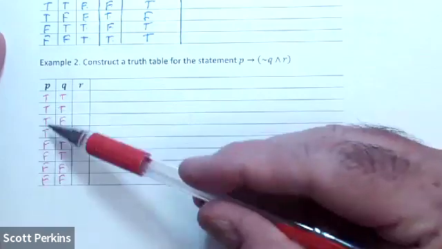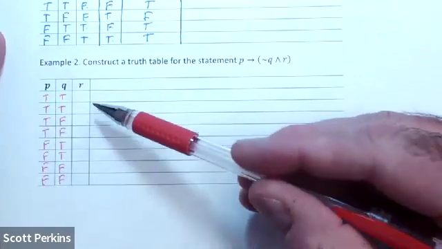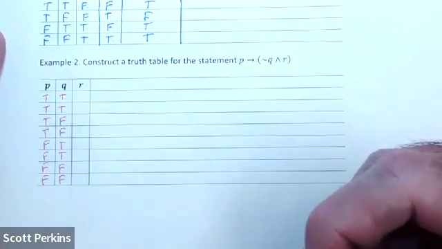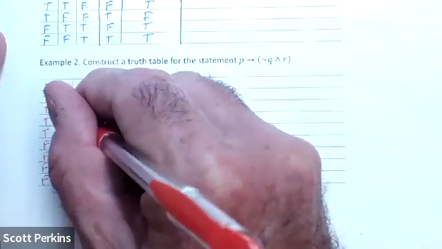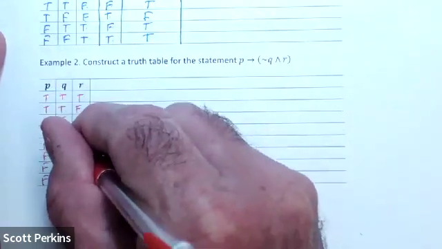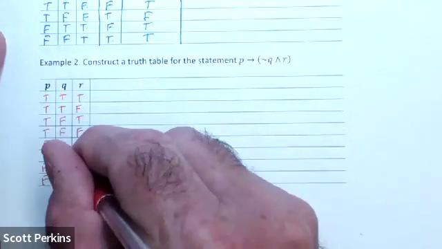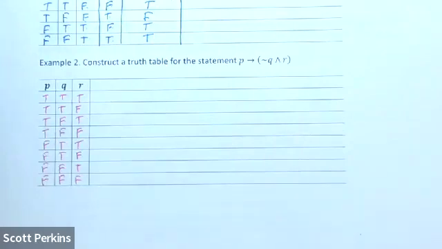Okay, we did 4 and 4, we did 2 and 2, then the last column, I'm going to alternate every how many? Every other. Yeah, it's just going to go true, then false, then true, and then false. And you can see that creates 8 distinct combinations of trues and falses. There's no rows that repeat.